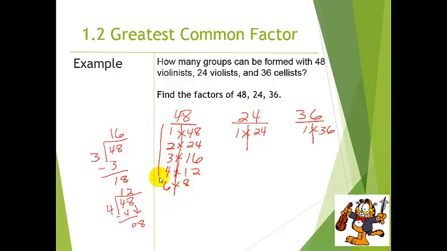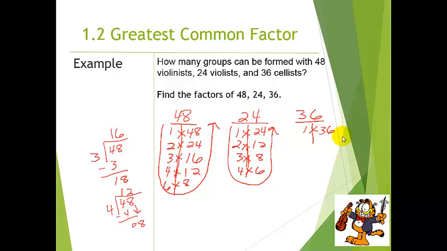So you know that you're done. Now, 1 times 24, and then 2 times 12, and then 3 times 8, and then 4 times 6. 5 doesn't work, and then you're back to 6, so you know you're done.